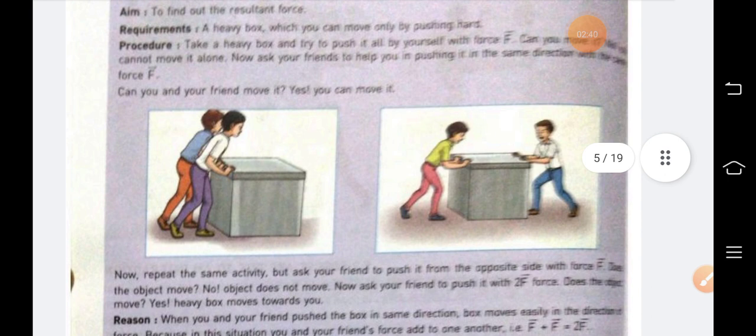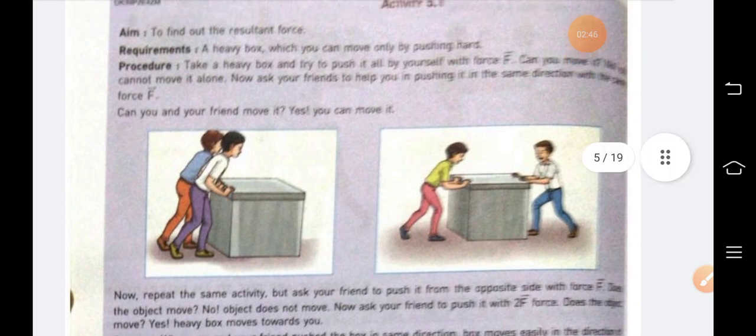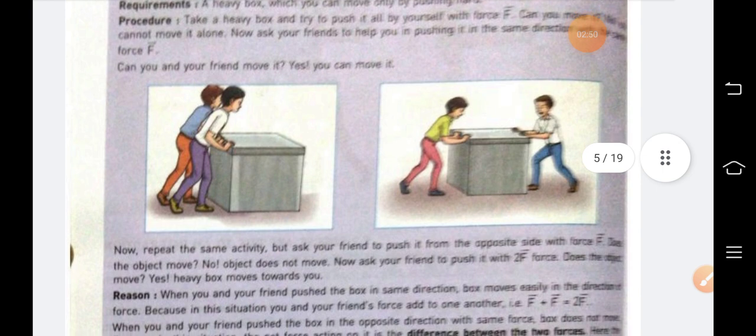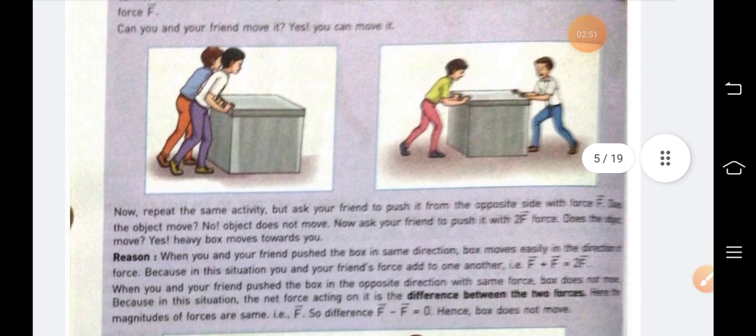Now ask your friend to help you, and then both of you try to push it. Can you and your friend move it? Yes, you can do it.